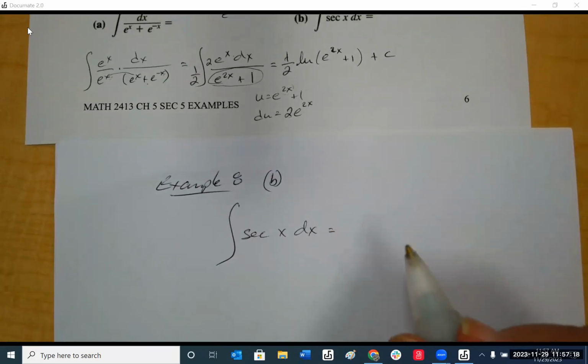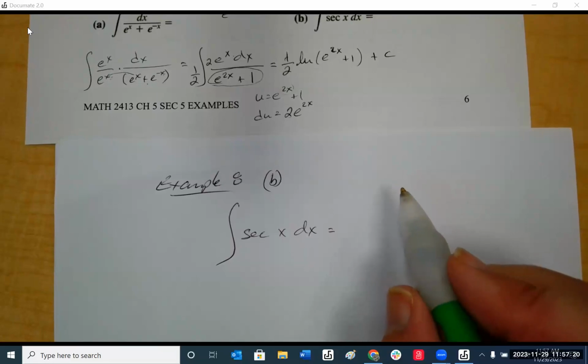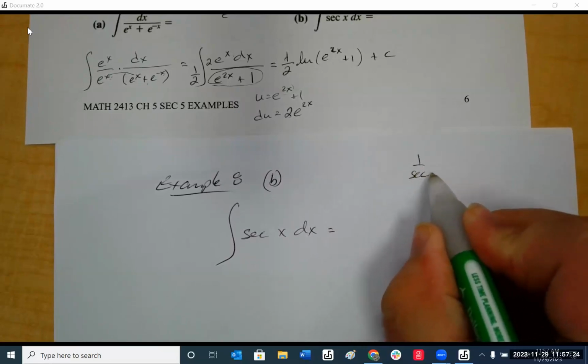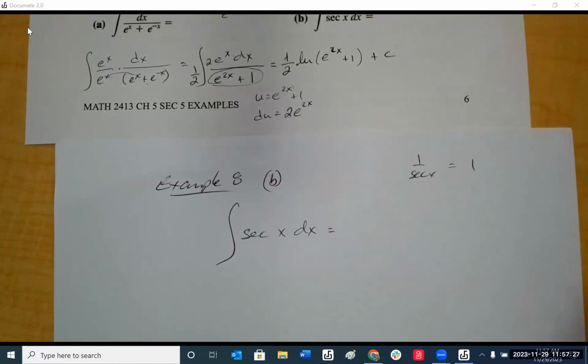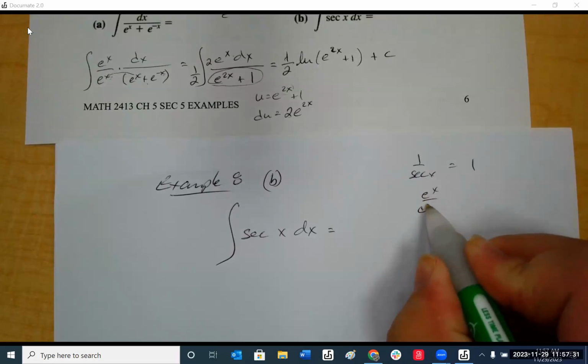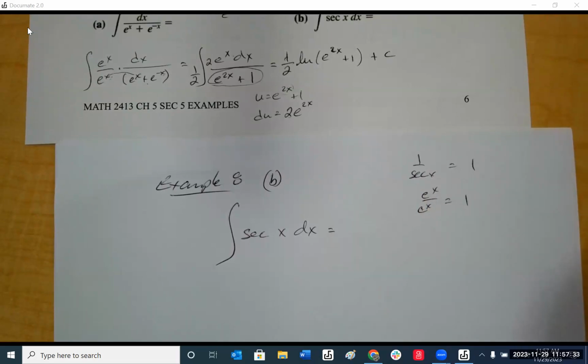Remember, we have to multiply it by 1. 1 over secant x is not always 1, not like last time when we had e to the x over e to the x. So we have to get the same fraction on top of each other.